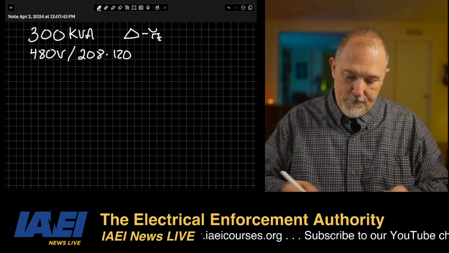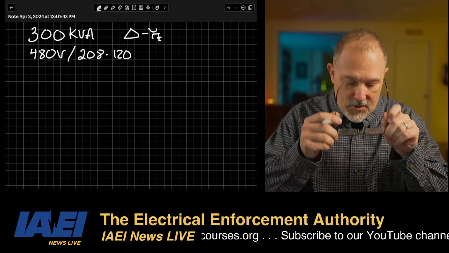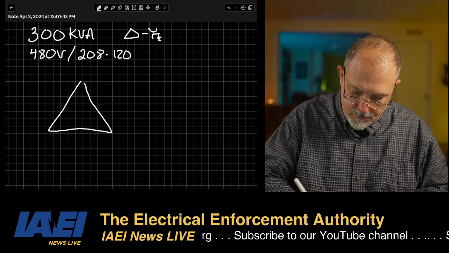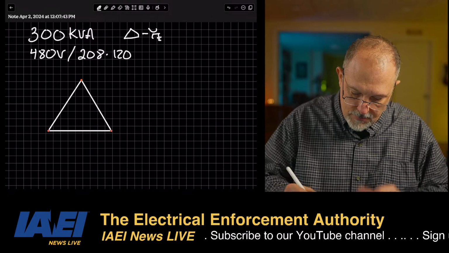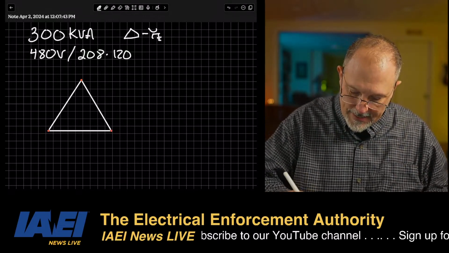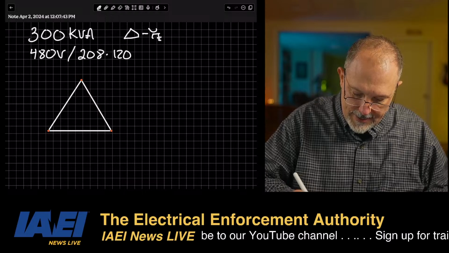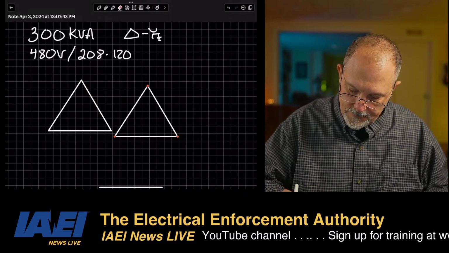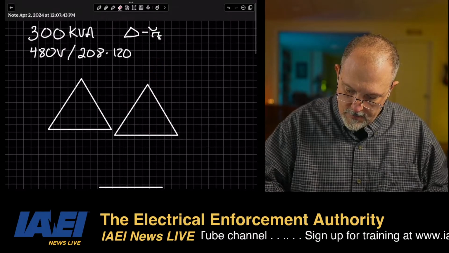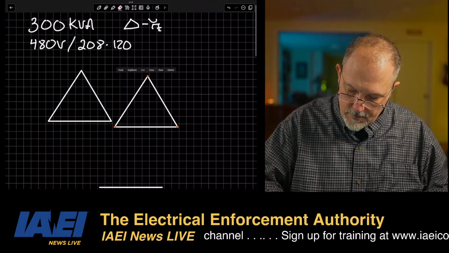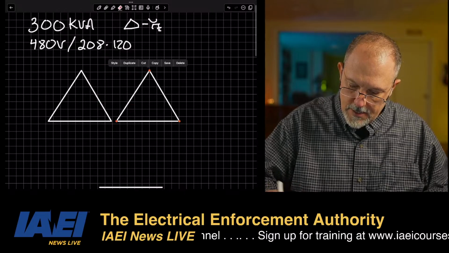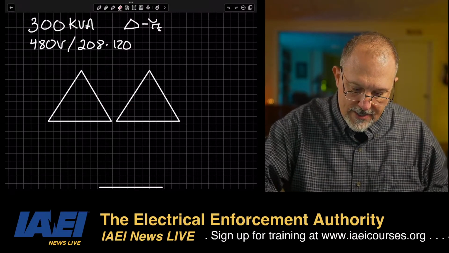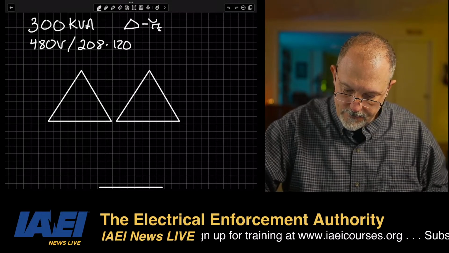So if I'm going to draw a delta Y ground transformer pictorially, I do that, right? That's my delta side. And in here, I'm going to do a copy and paste. And to get my Y side, I do this.